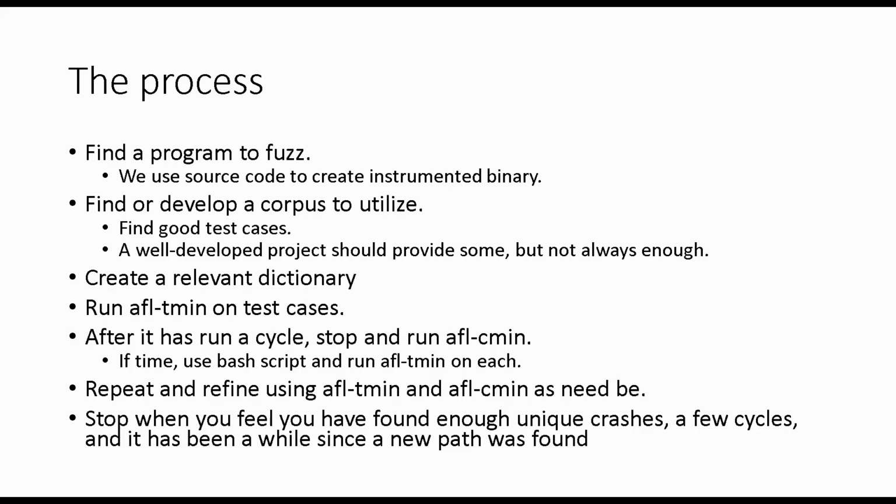Because initially we ran AFL tmin on the original corpus, not the synthetic corpus that we generated. So we could apply the tmin to that and reduce it even further. And then let it go, let it run. Maybe a cycle later, we might take another look and do that again.